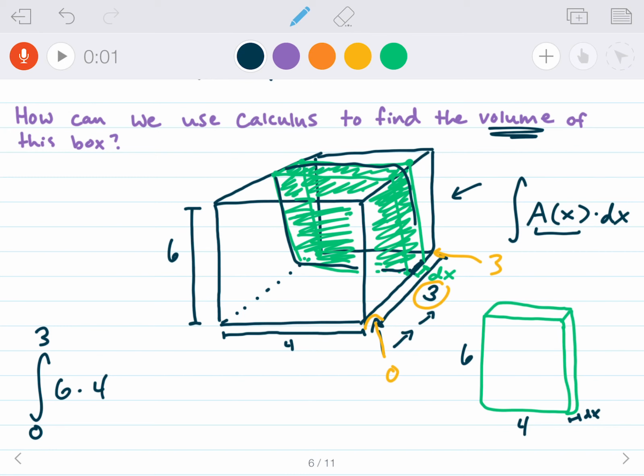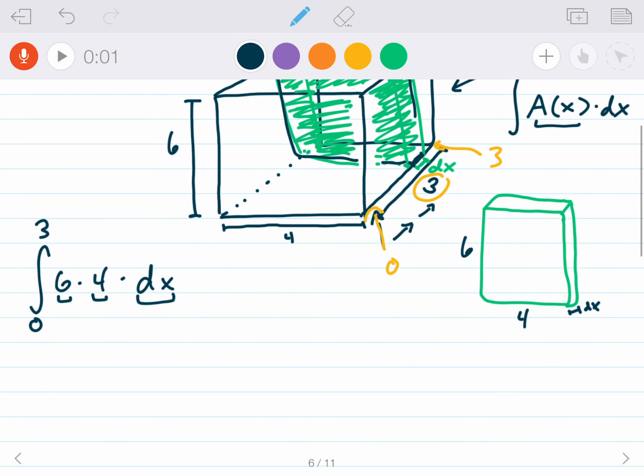We don't even need to add an x there because these are constants. They're not changing with respect to x. Times the thickness, right? So I hope you can see the volume here. Length times width times the infinitely small thickness. And so what we end up getting is an integral from 0 to 3 of 24 dx.